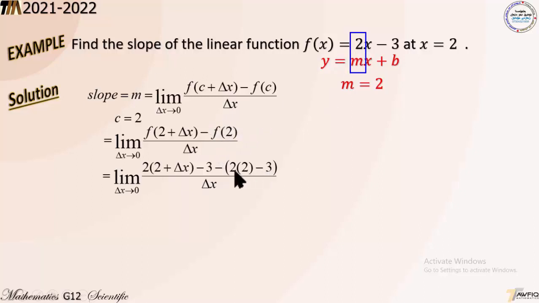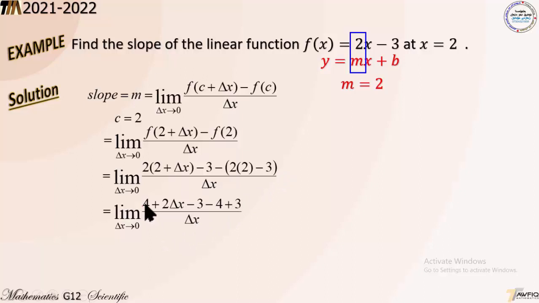And simplifying this limit, 2 times 2 is 4, 2 times delta x is 2 delta x, minus 3. Minus 2 times 2 is minus 4. Minus times minus is plus 3, over delta x.